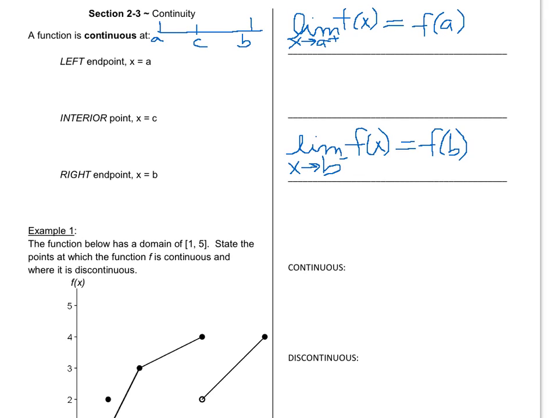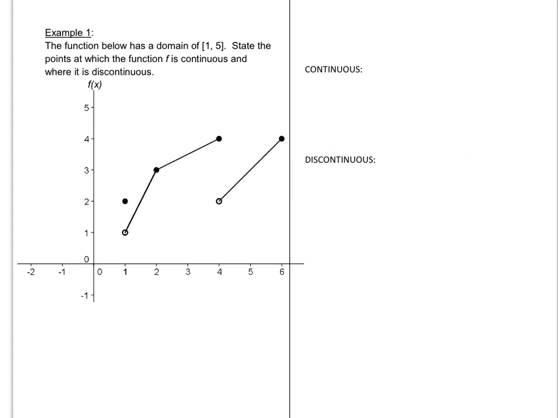And when we talk about an interior point at x equals c, the limit as x approaches c of the function has to be the same as the function value itself. Okay, so those are the definitions for continuity at a left endpoint, an interior point, and a right endpoint.